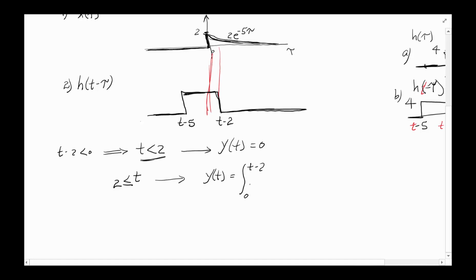And that is true until t minus 5 arrives in here. So the other side of this is going to be less than 5. Okay, so this was no overlap, the first case. This is a partial overlap because half of them are overlapping, half of them don't overlap.